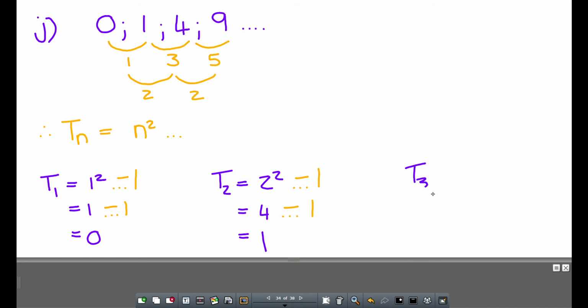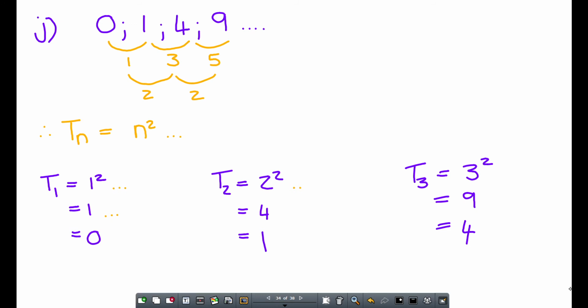So 3 squared is going to give me 9, and I'm supposed to have 4. So let's take out these minus 1s because that's not working out for us. If you look at term 1, 2, and 3, can you maybe see a pattern?